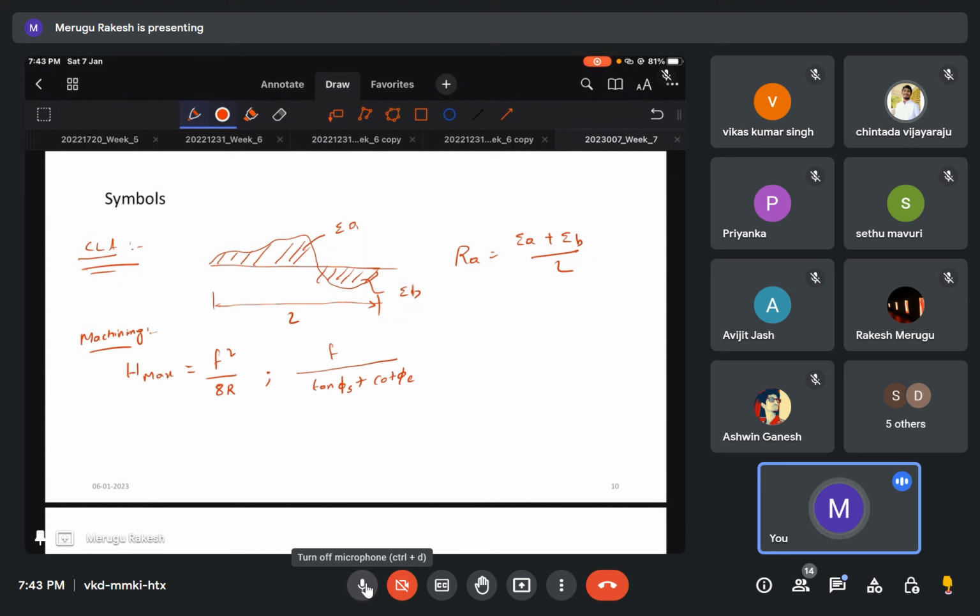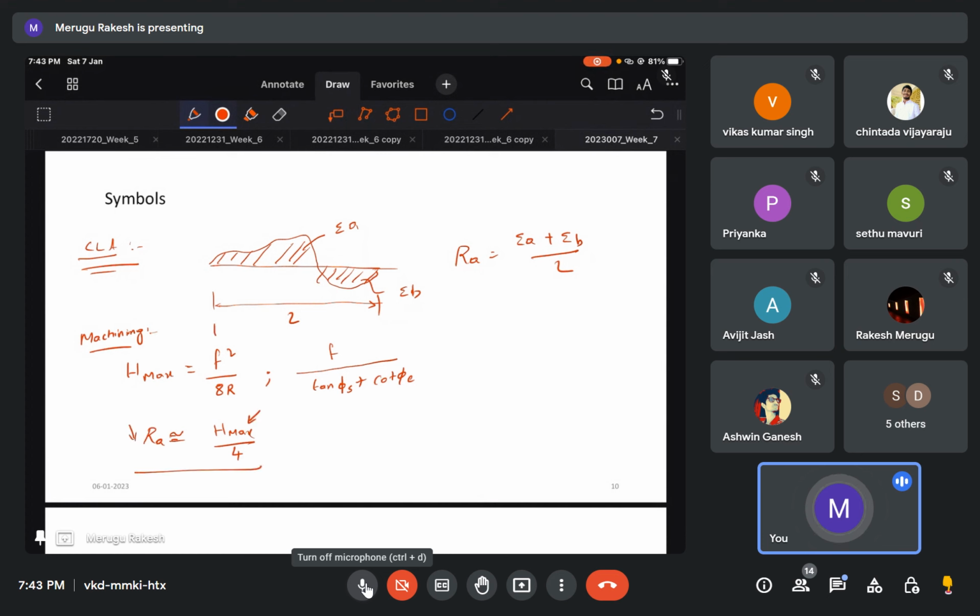There is some relation between this Hmax and Ra. Just Hmax by 4. So that is one more relation. These are some of the formulas you have to remember. If they have given you this Hmax and want you to calculate Ra, this is the formula.